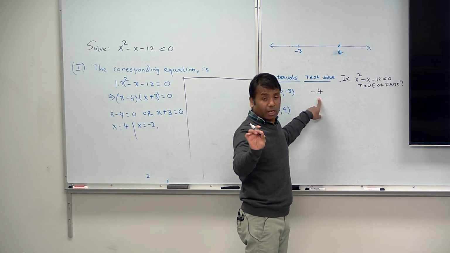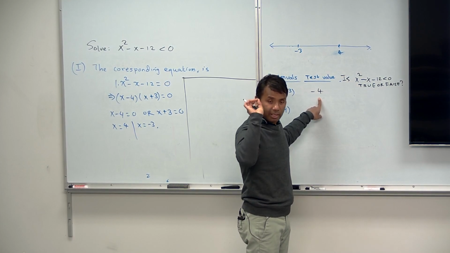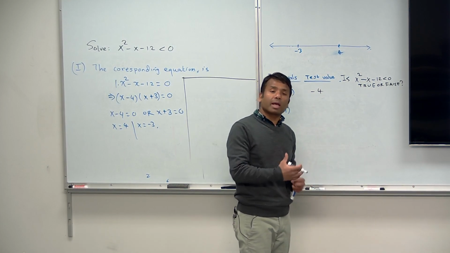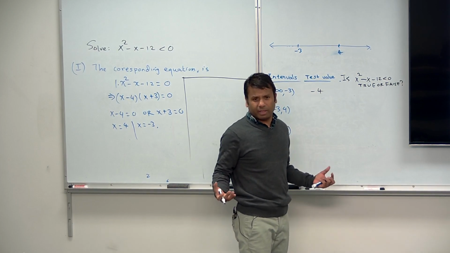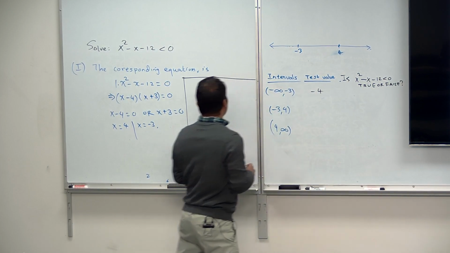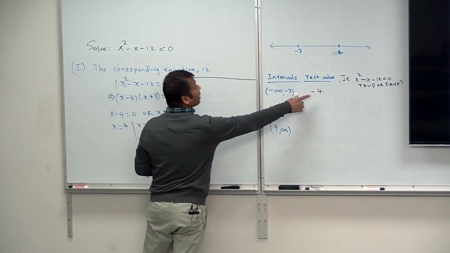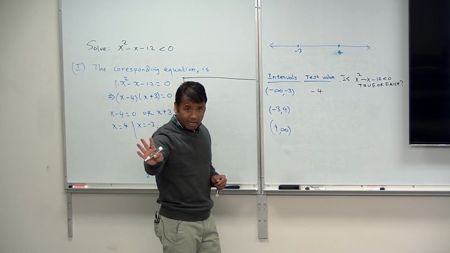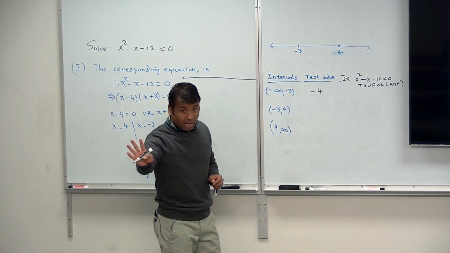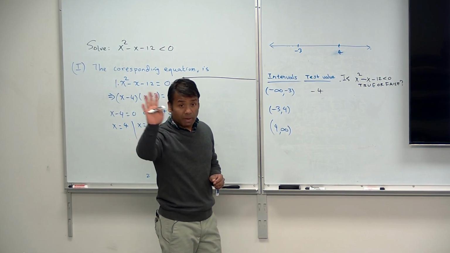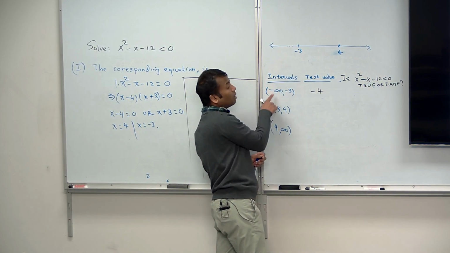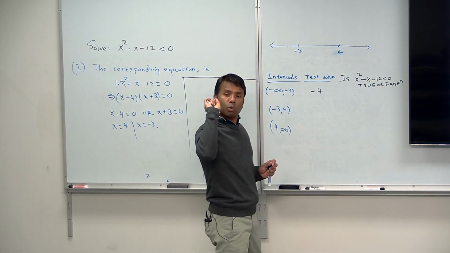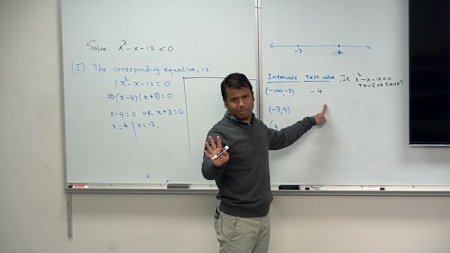But we will pick such a test value that makes our calculation easy enough. That makes sense? So now we picked -4. You can pick -5. Doesn't matter. You can pick -6. You can pick -1000. Because those values lie in this interval negative infinity to -3. But your smart choice is -4. Does that make sense?